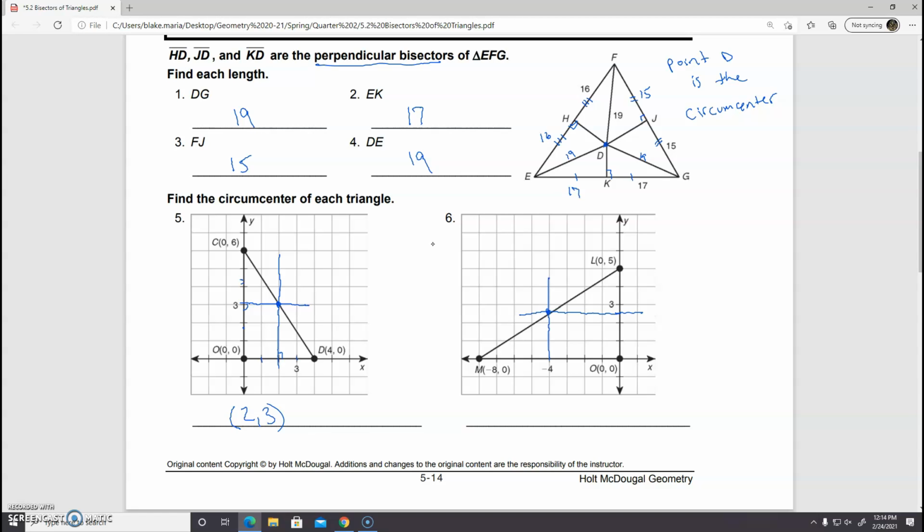So here we are right here. My circumcenter is at (-4, 2.5). So graph those two perpendicular bisectors, they will cross.